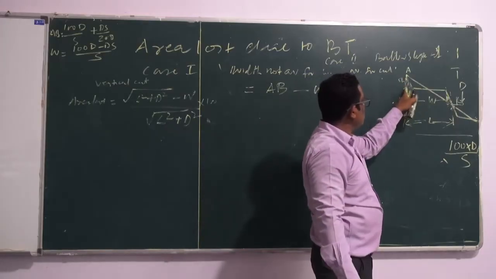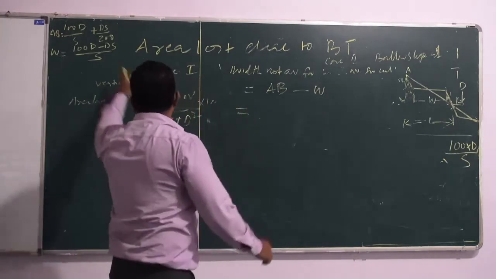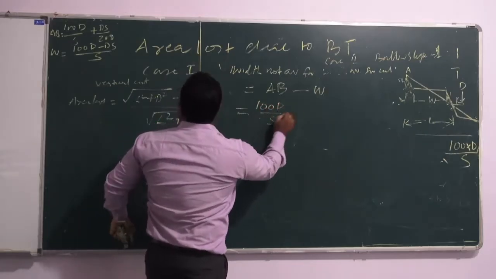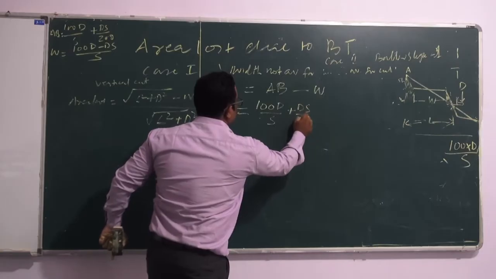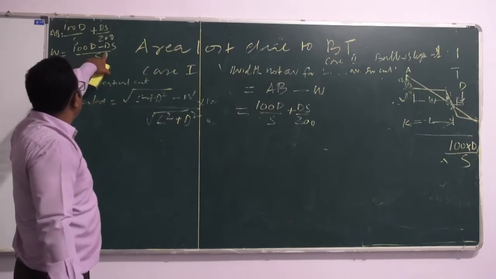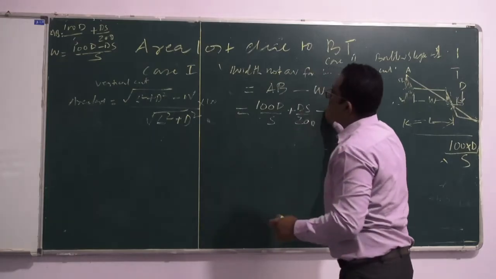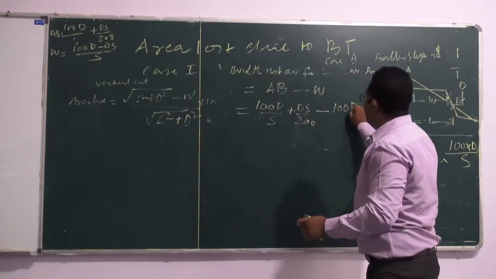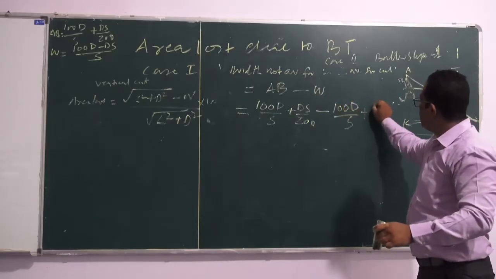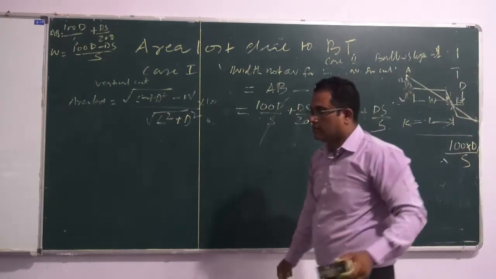AB minus W, meaning this D by 2 will come. So what is AB? AB is 100D by S plus DS by 200. And what is W? 100D by S minus DS by S. This is minus, then this is 100D by S minus, ahead it will become plus DS by S. So this will get cancelled.